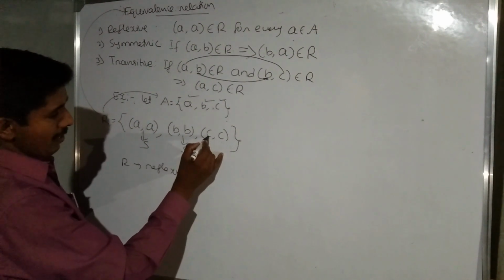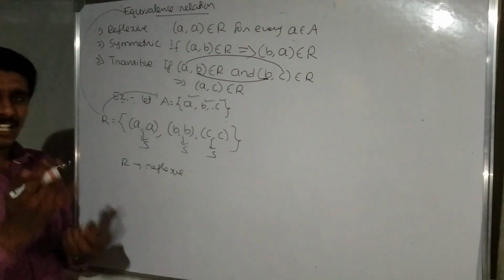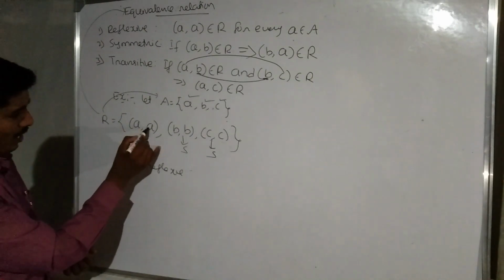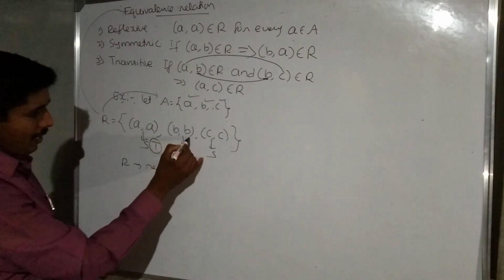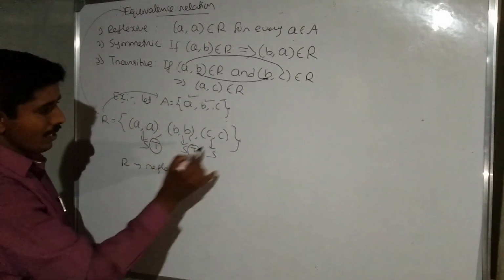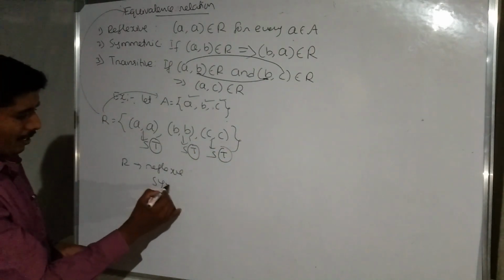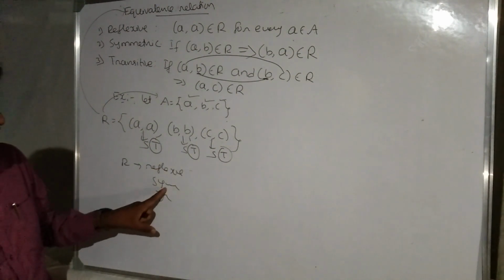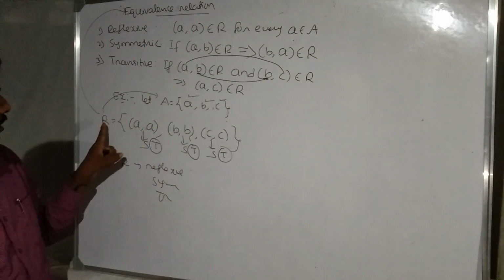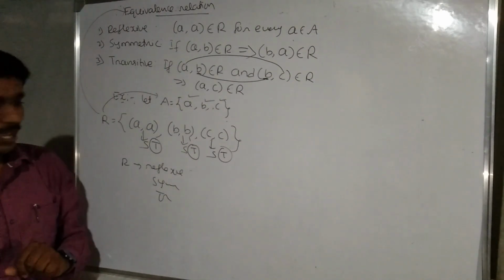Third ordered pair, C equal to C, therefore symmetric. Transitive also same. Here A equal to A, B equal to B, C equal to C, therefore it is transitive. Clearly it satisfies reflexive, symmetric, transitive. Therefore this relation on set A is an equivalence relation.